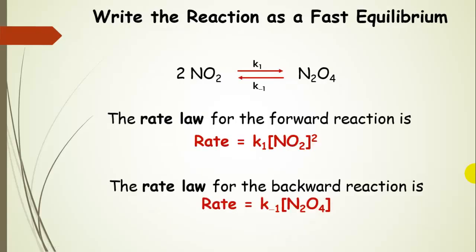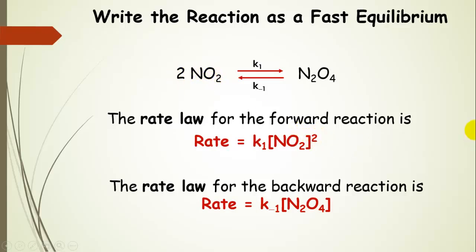Let's write the rate law for the forward reaction and the backward reaction in our equilibrium. I've added rate constants, so K1, K sub minus 1 for the forward and reverse process. So let's write the rate law for the forward reaction. It would be rate is equal to K1, rate constant K1, and nitrogen dioxide to the second power.